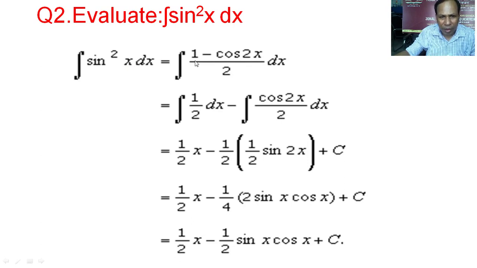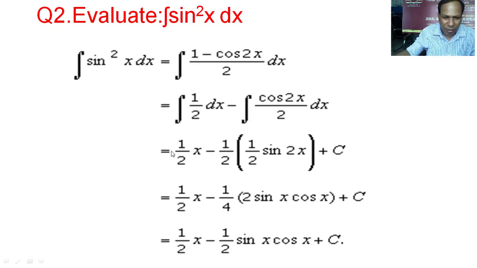Now term by term integration: 1 by 2 integral of 1 dx minus integral of cos 2x dx. So 1 by 2 is a constant taken out, so we will be left with 1 dx, and integral of 1 dx is x, minus 1 by 2 is taken out, so integration of cos 2x becomes sin 2x by 2 plus constant.